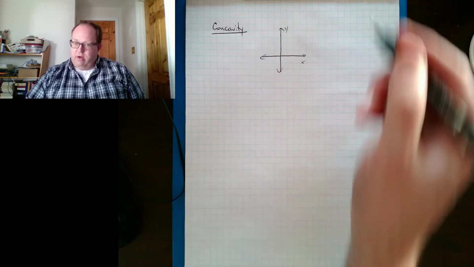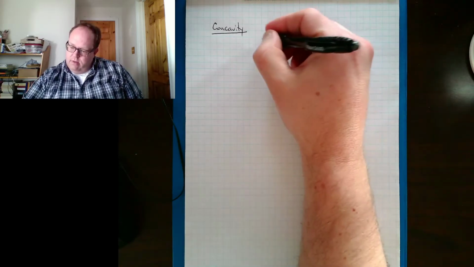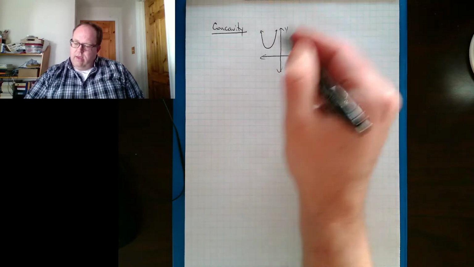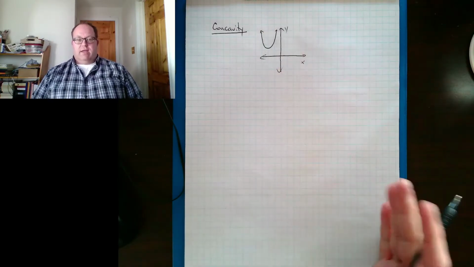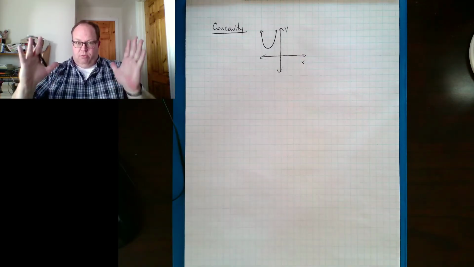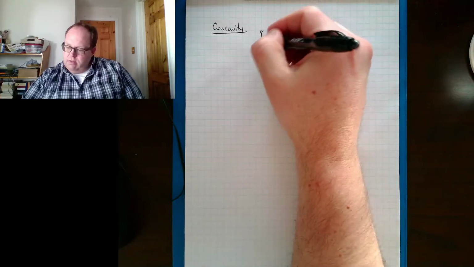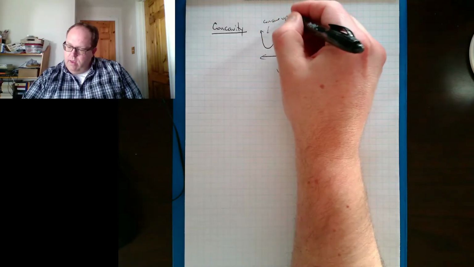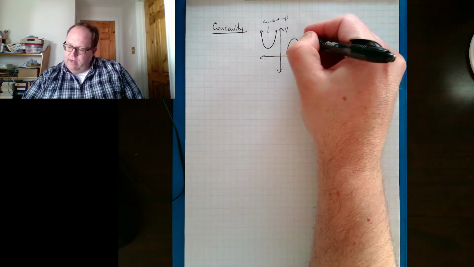If I think about our old friend the parabola, I would say that this shape is concave up, meaning the sort of caved in portion of it is pointing in an upward direction. So this I would say is concave up. And this, likewise, I would say is concave down.